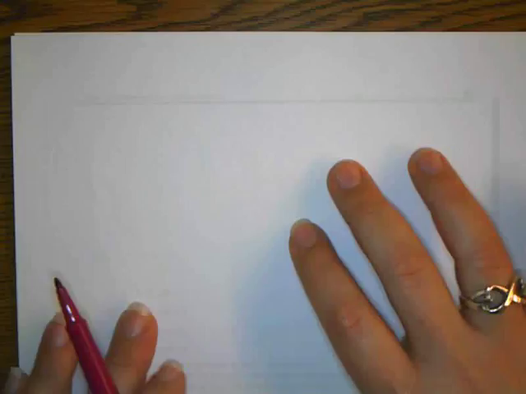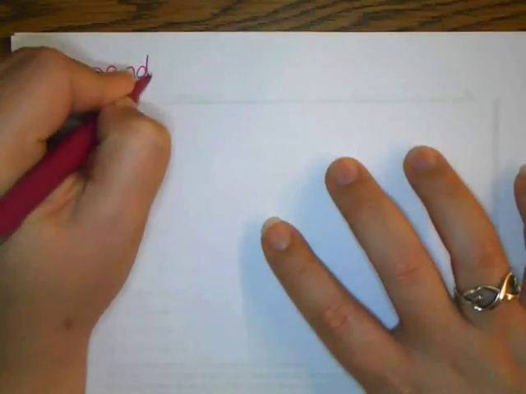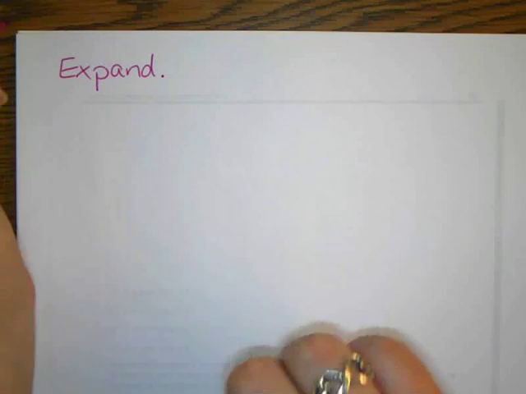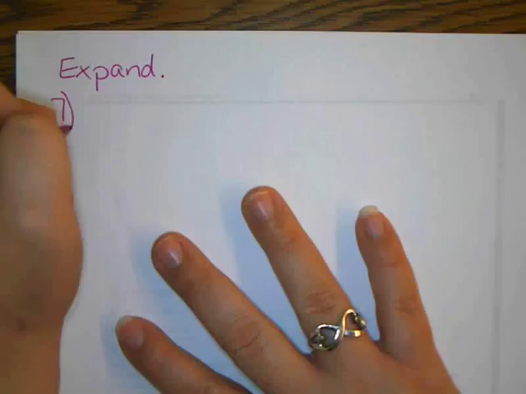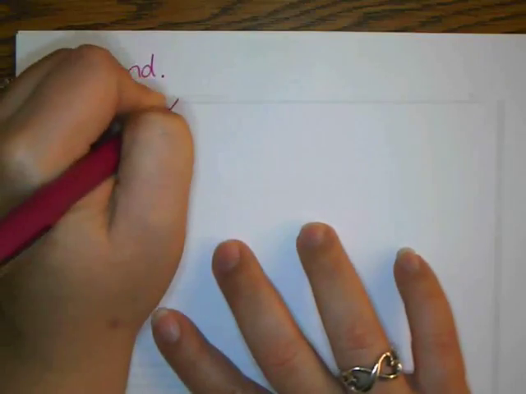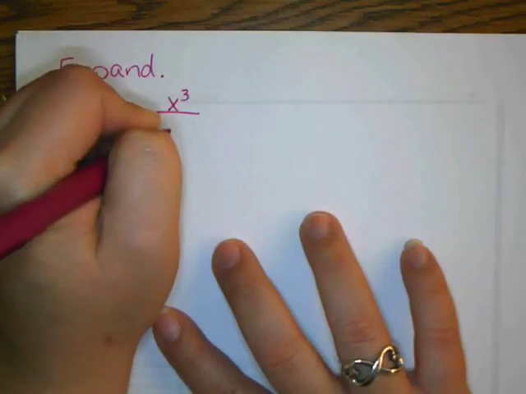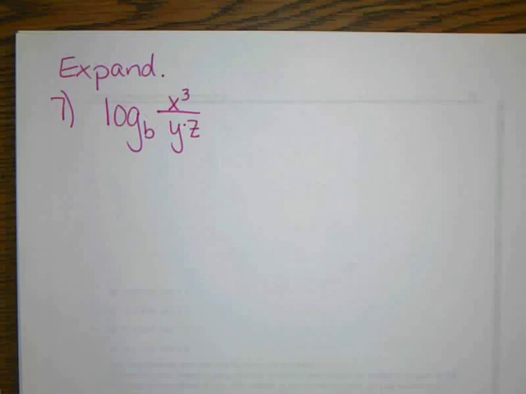Okay, here's specific examples then to expand. Before we were just using the rules to kind of go back and forth. So now we are strictly expanding. So my initial problem, log base b of x cubed over y times z in the denominator, so write that down.